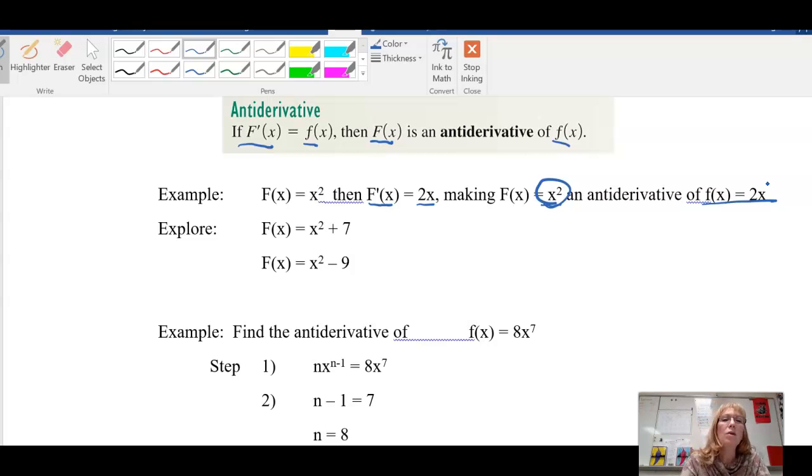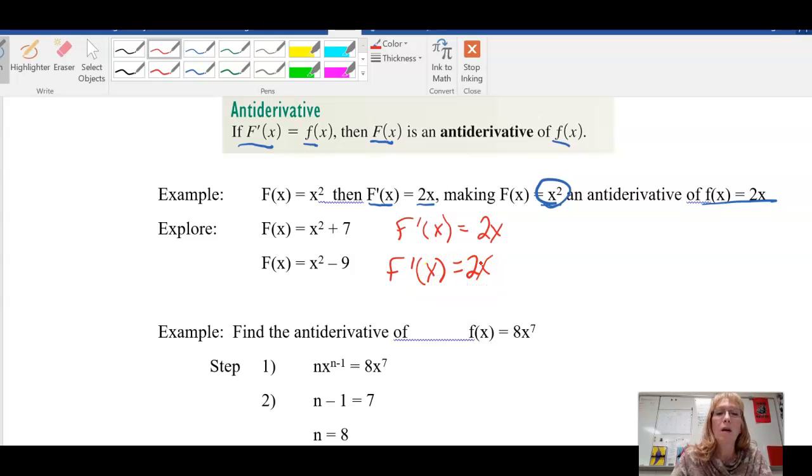All right. So what would be the antiderivative of f of x equals 2x? Give this a shot. I hope you came up with x squared plus 7, where the derivative is 2x. Now what's the derivative of x squared minus 9? And you should have also gotten 2x.